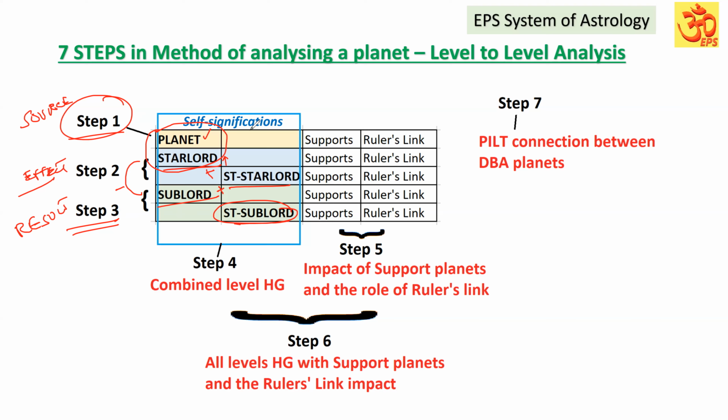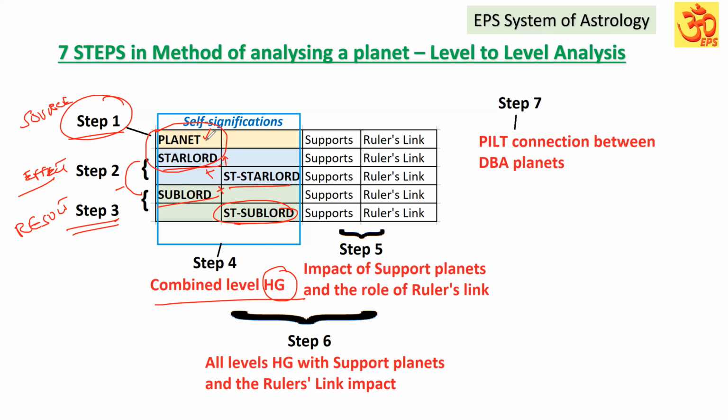After that, once we have studied that, comes the combined level house grouping at all levels from the planet to the last level. What house grouping is it forming? Whether the planet is supported with the star lord and sublord is one point. But suppose the planet, star lord and sublord are all favorable to the planet.